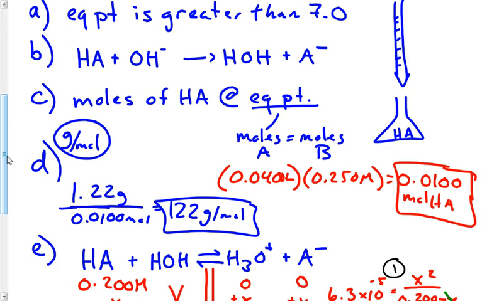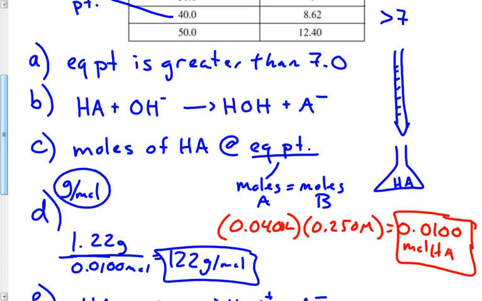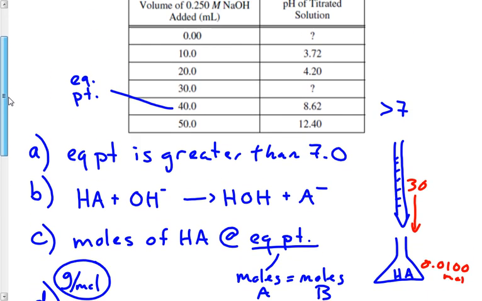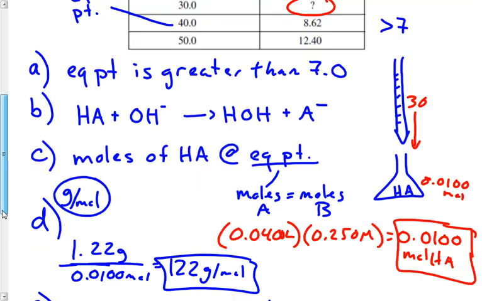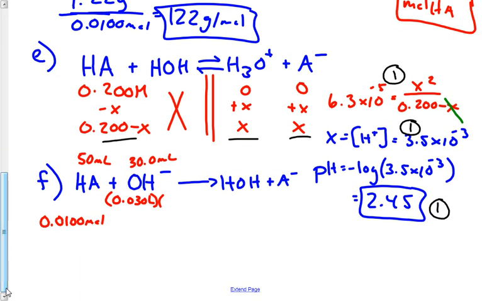We figured out that we had 0.01 moles of my acid right here. So now it's saying if I just drop 30 down immediately of my base, what's the new pH? Which, hence, is why this is the question. By the way, it's got to be between these two pHs. That's something good to know. Okay, help me out. What's the molarity? It's molarity. How quickly I forget. Old age for me.